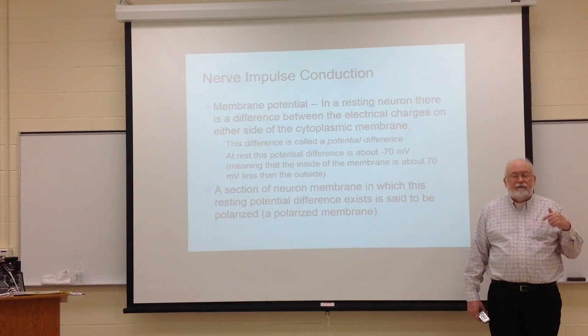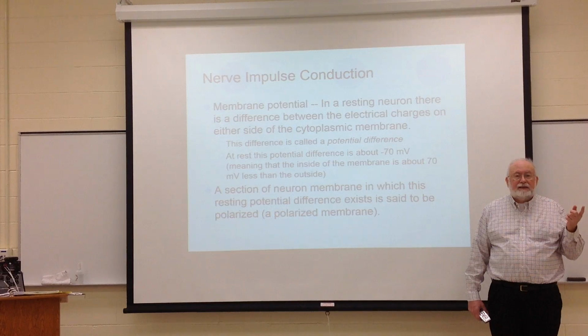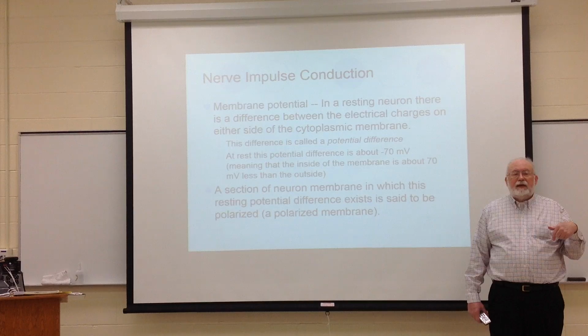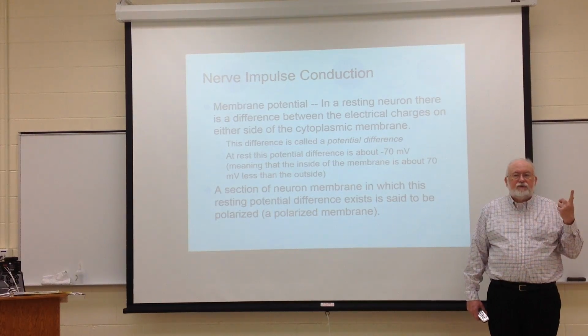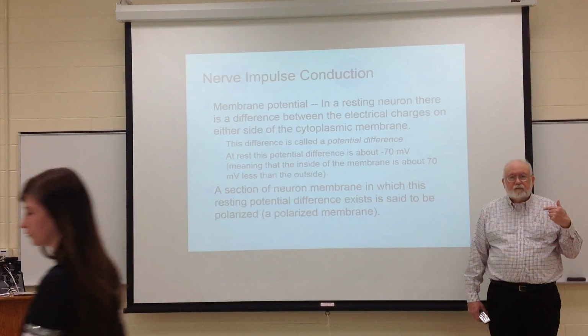Well, there are two kinds of ion channels here. There are transmembrane proteins that serve as sodium ion channels that will let sodium ions into the cell, because sodium is present in much higher concentrations outside of the cell than inside.